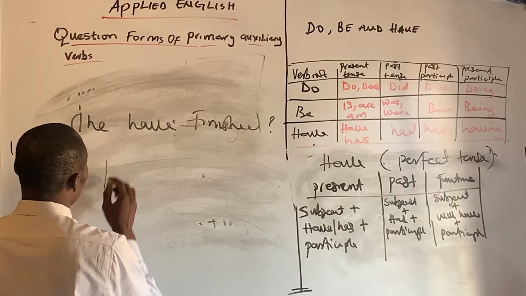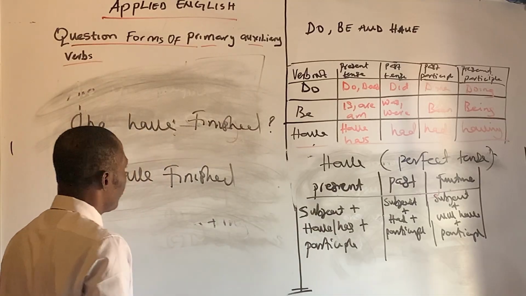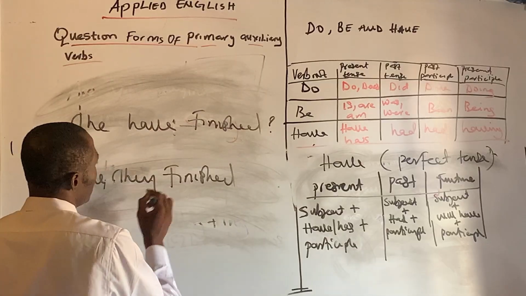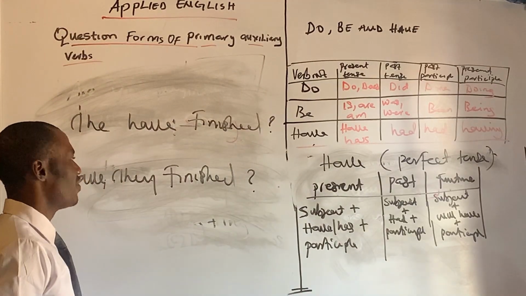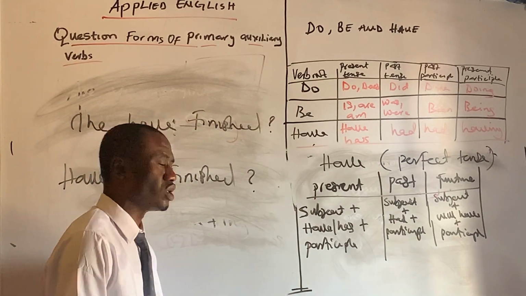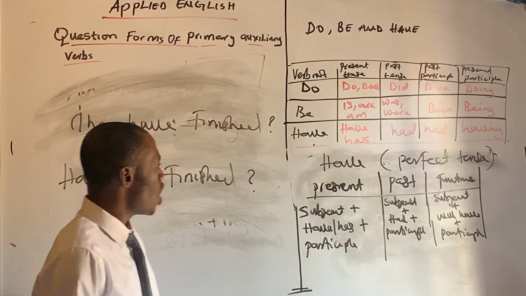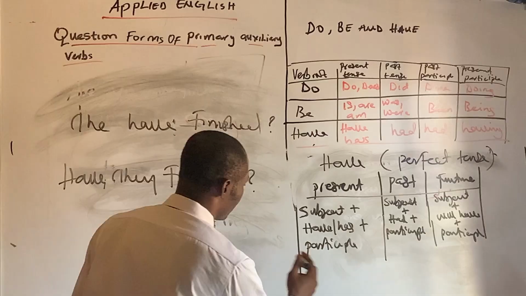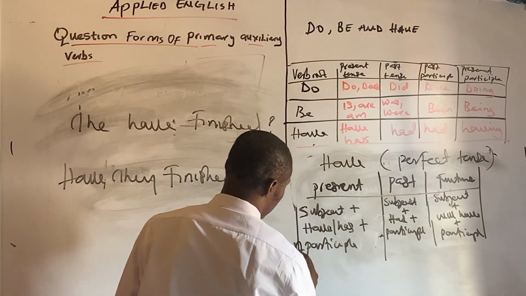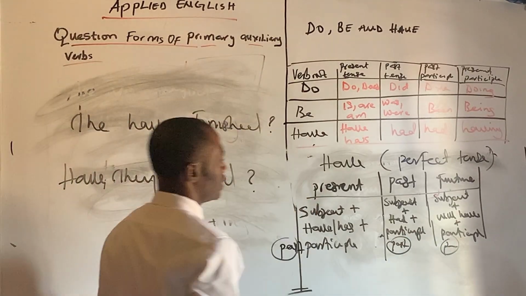But if I say "have they finished," it's also correct. But since we'll form it, let's just put it there. Have they finished? So now this is a question. Have is used to make the question. The word finished is changed to its past participle. Not just a participle, but past participle. Remember, it's past participle.